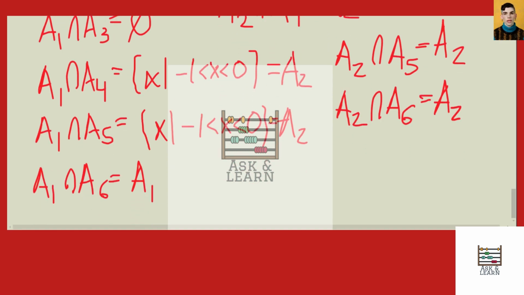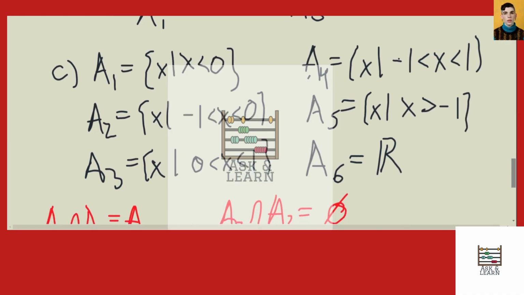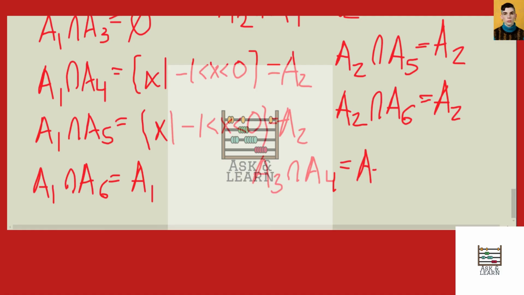And then A3 intersect A4. We have that x must lie between 0 and 1, and that x lies between -1 and 1. This means that x lies between 0 and 1, so this is just A3. And A3 intersect A5.